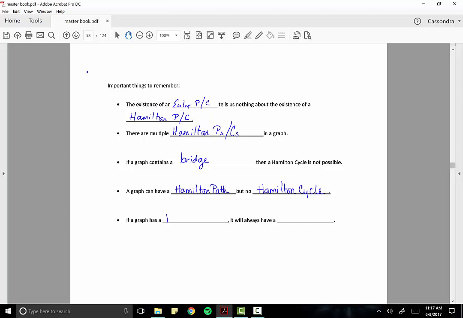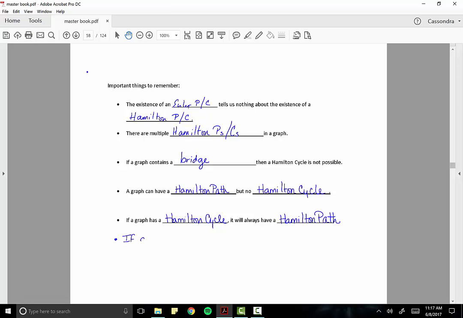But if a graph has a Hamilton cycle, it will always have a Hamilton path. Also, I believe this is a homework question.